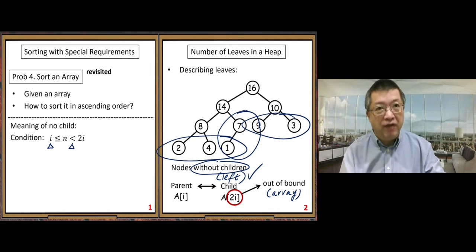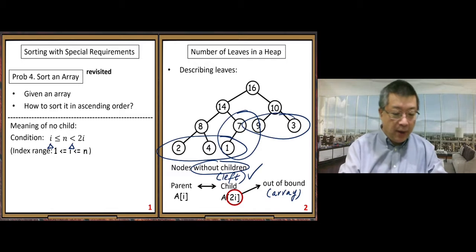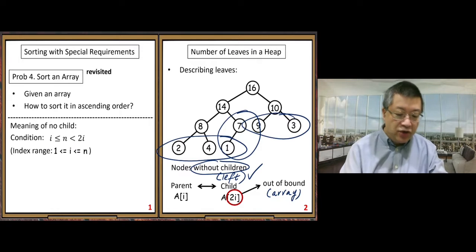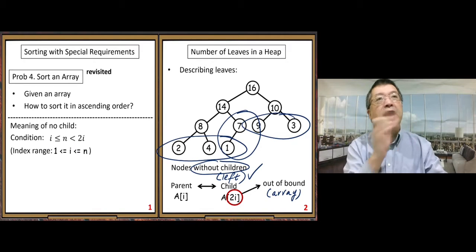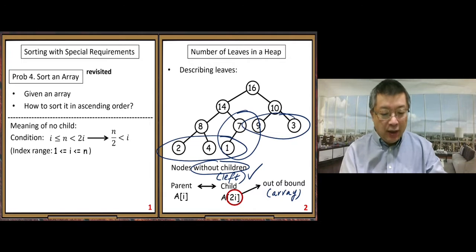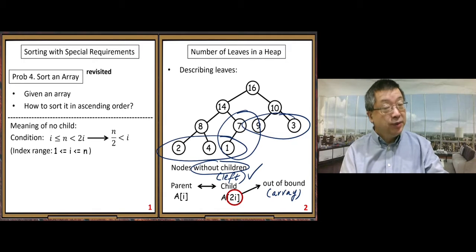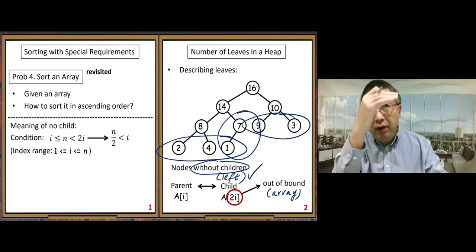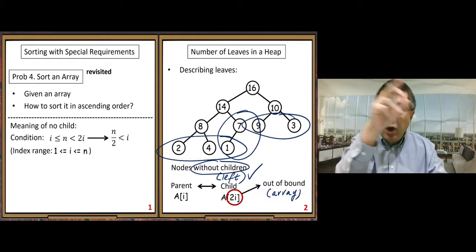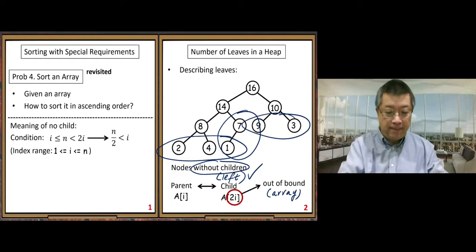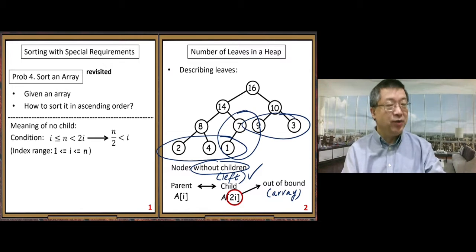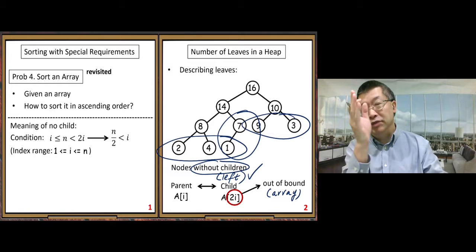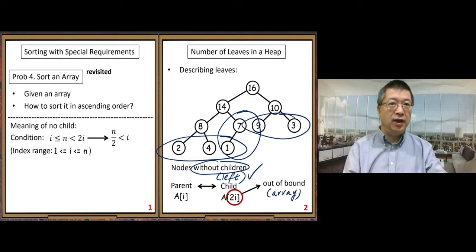Now let's simplify it. Here we know the range for i is between 1 and n, inclusive. When we divide both sides of that inequality by 2, n over 2 is strictly less than i. That's the simplified inequality.